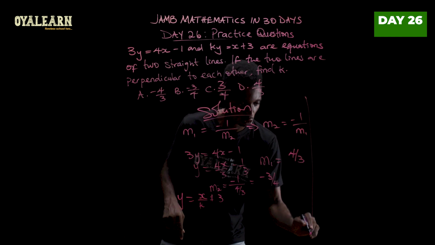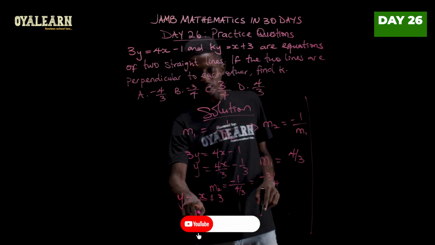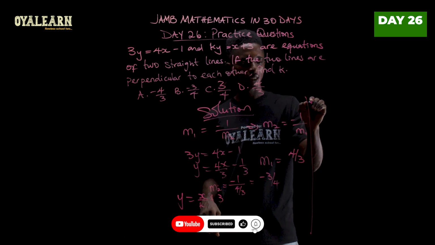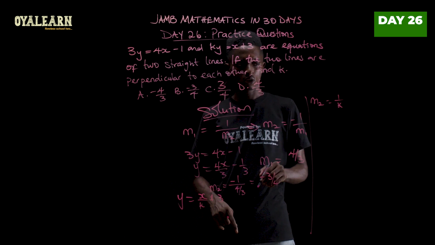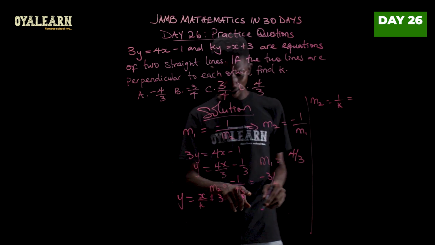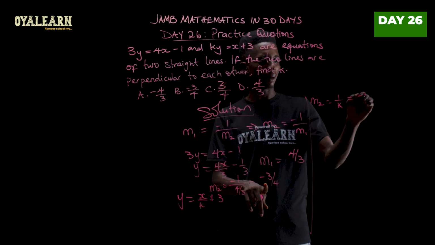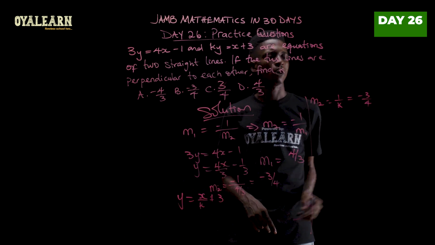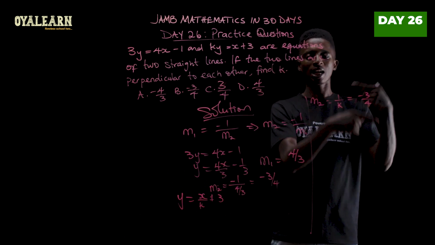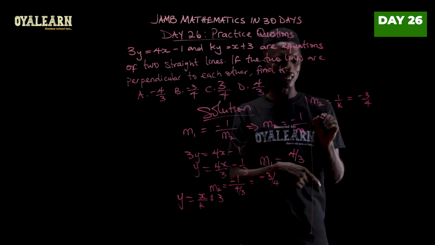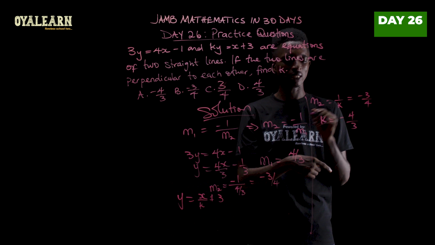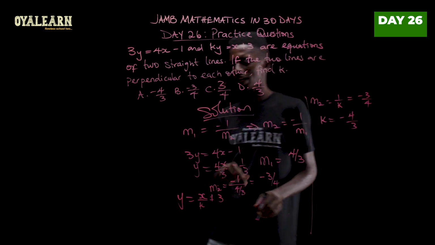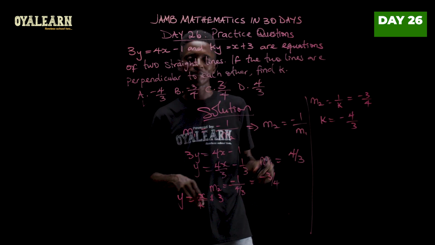So the slope here, m2, would be 1 over k. And 1 over k equals m2 that we have calculated to be minus 3 over 4. To get k, I flip both sides of this equation. So k equals minus 4 over 3, as we see in option A.